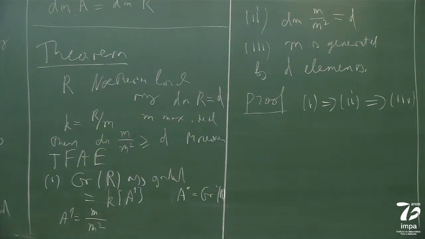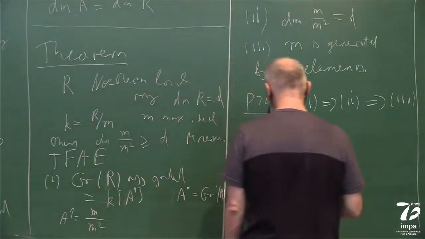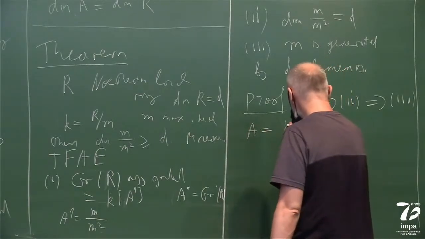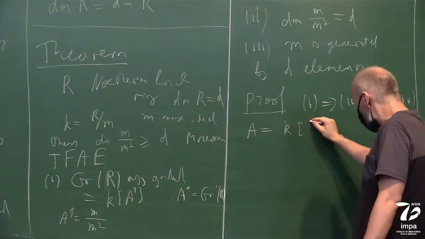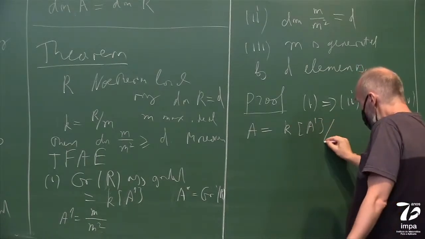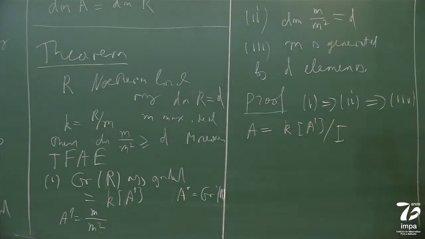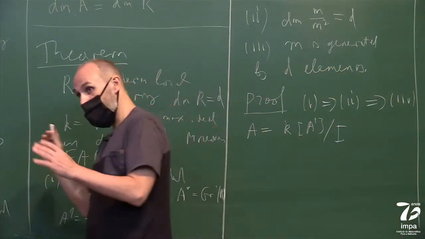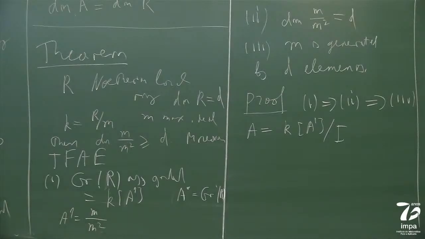Okay. Also, what we have is that A is a quotient of the polynomial ring on A1 by some ideal. This is because this graded ring is generated by A1, essentially by the same property.